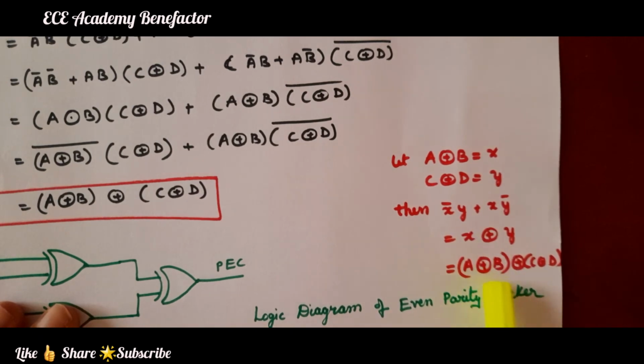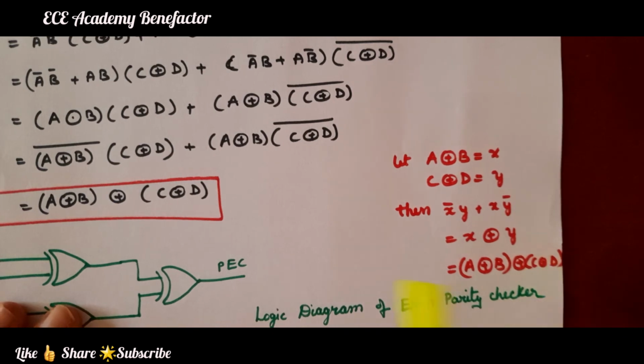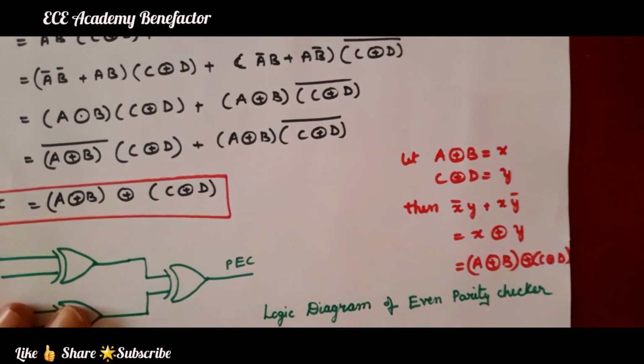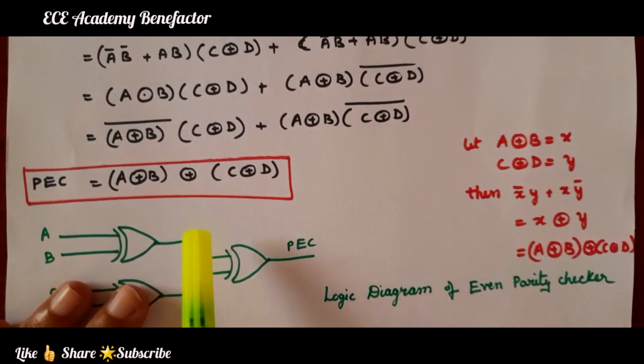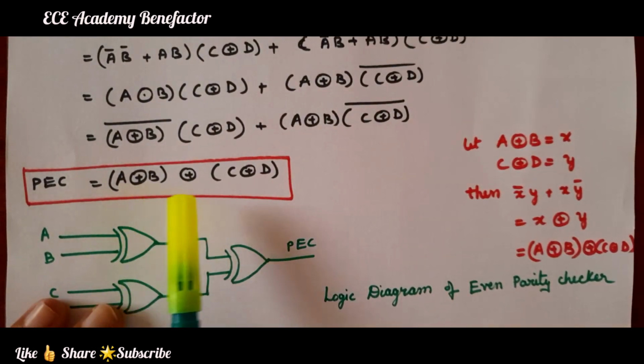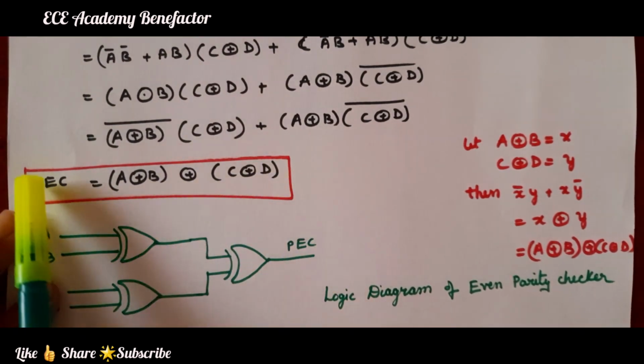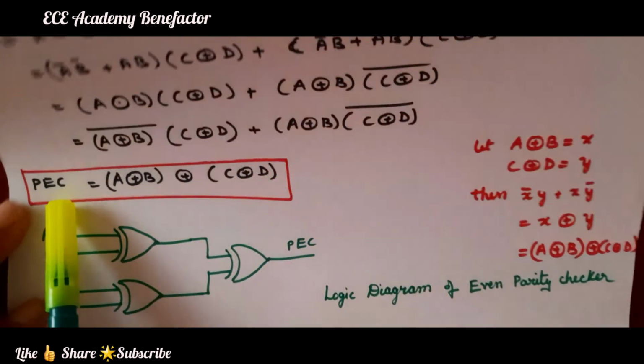X is A XOR B and Y is C XOR D. So we are getting this complete equation as A XOR B XOR (C XOR D). This is the even parity checker equation.